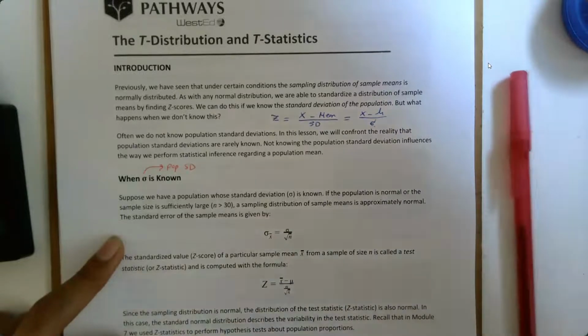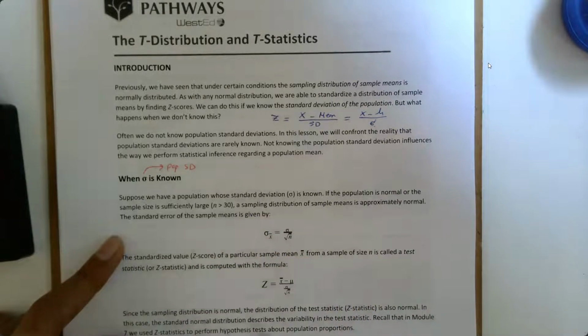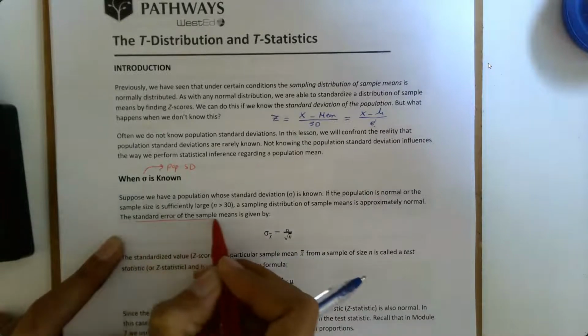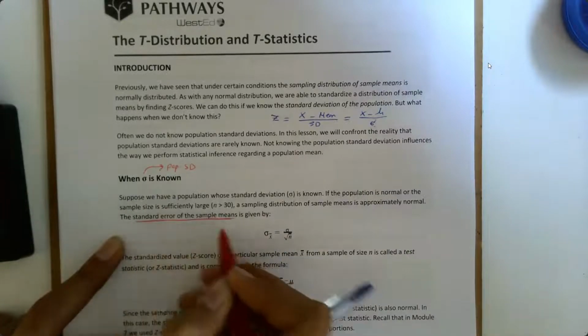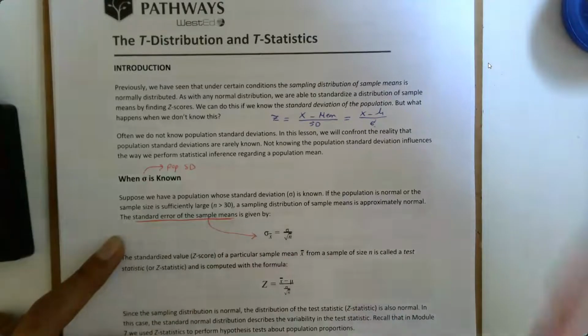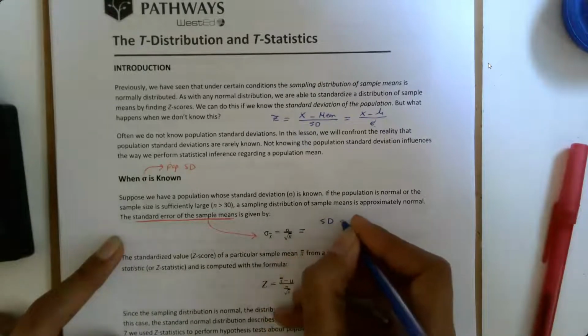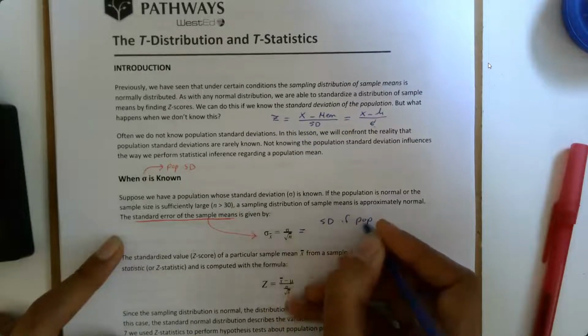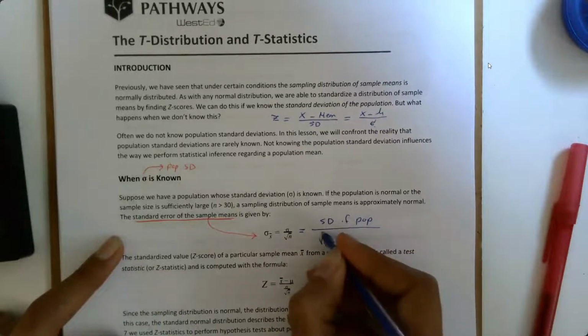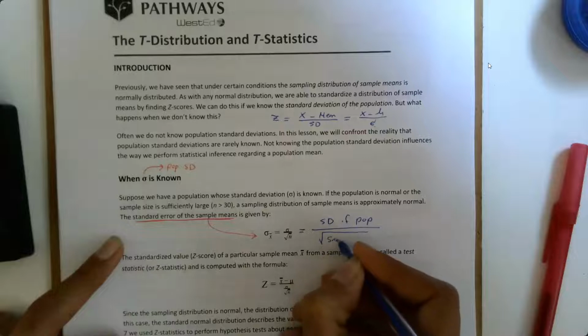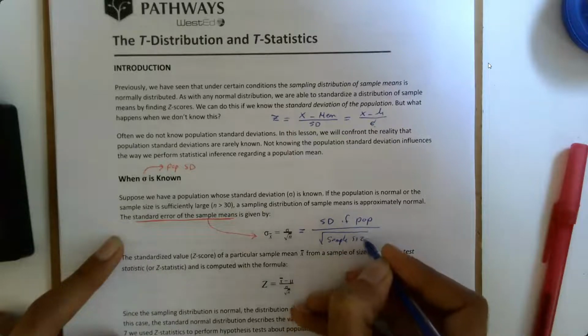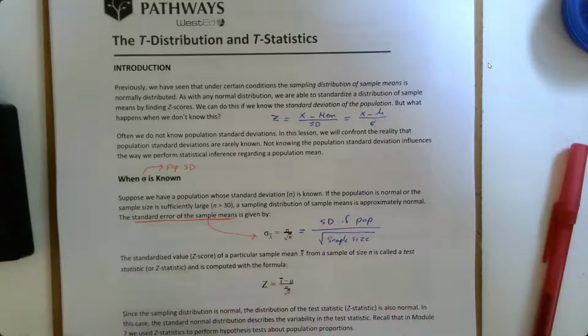So this is the standard error of this new distribution, which is equal to sigma divided by the square root of n. That's how we can calculate the standard error of this new distribution.